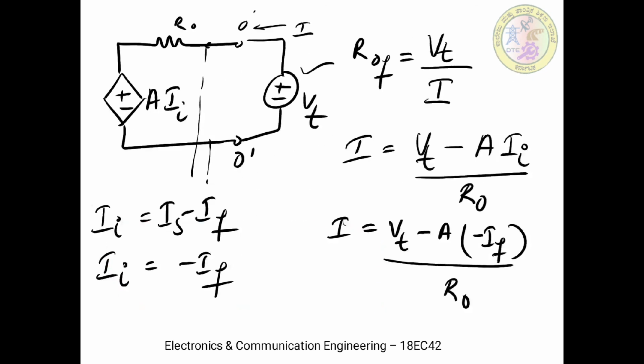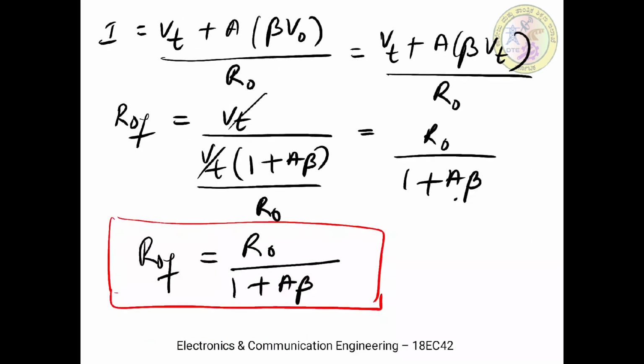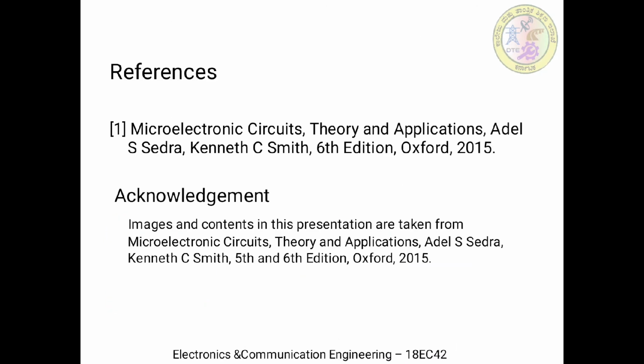So these are the different expressions of RIF as well as ROF for the two important configurations, that is the series feedback amplifier and the shunt feedback amplifier. Thank you.